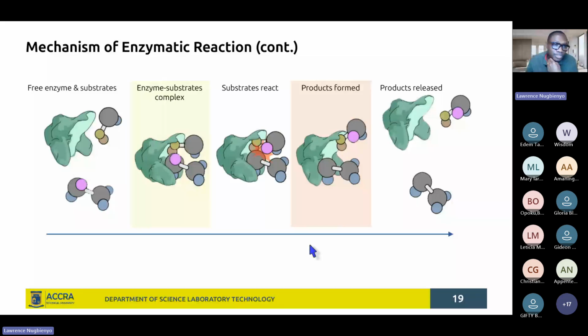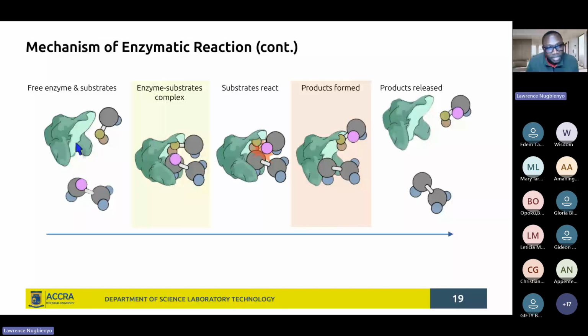From left to right, we are looking at the mechanism. So the first thing you see is that you have a free enzyme and the substrates. Free enzyme with the substrates.